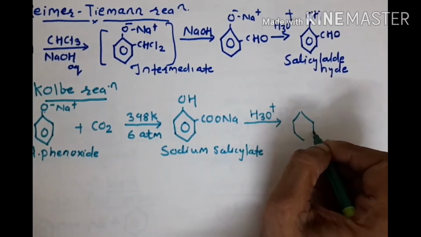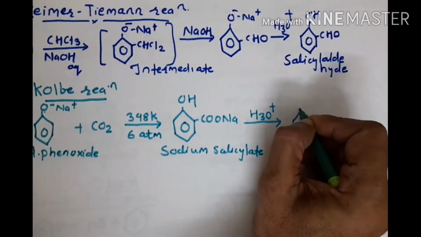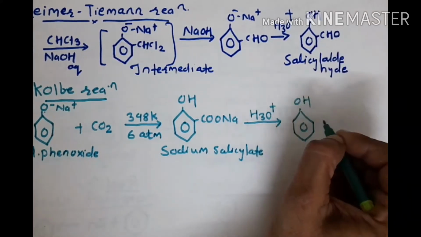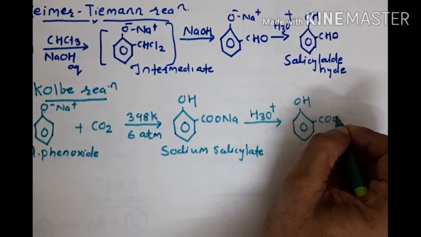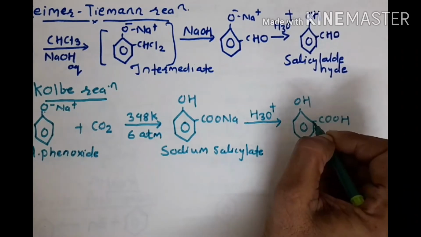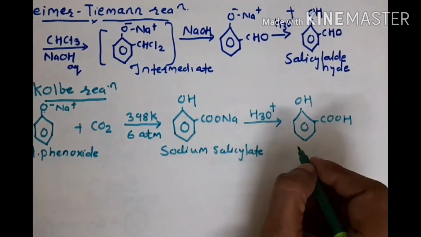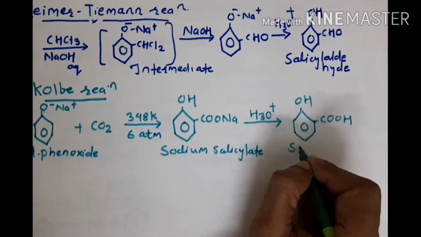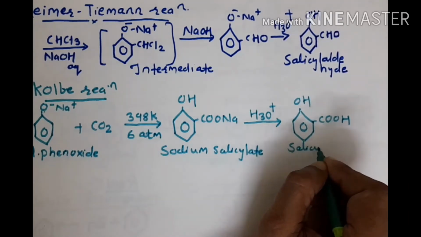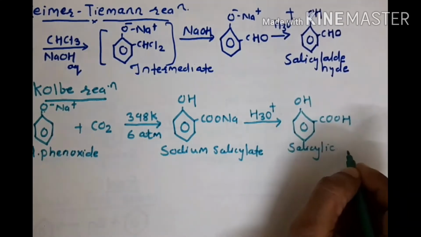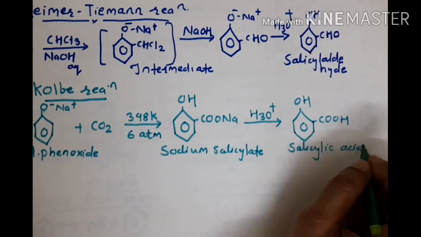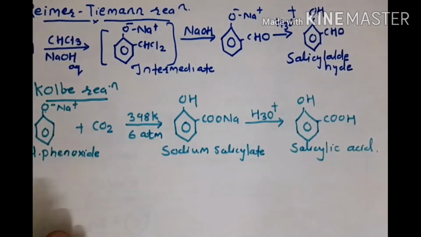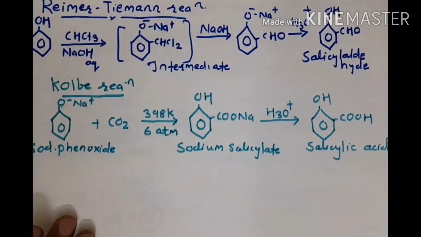At the ortho position, the COOH group is attached. The carboxylic group is attached to the aromatic ring. So it represents your salicylic acid. This reaction is called Kolbe's reaction.